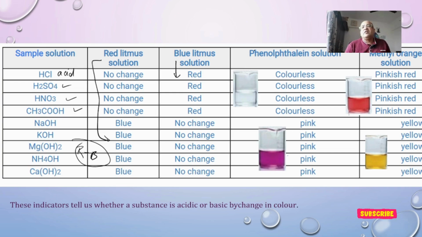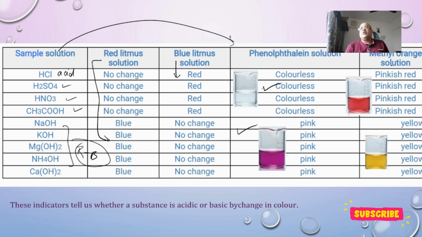Now let's see what is happening for phenolphthalein. For acids, if you put phenolphthalein, it will be colorless. And for bases, it will change its color from colorless to pink. Colorless to pink for bases. Here you'll see for bases it's getting pink. For methyl orange, let's see.